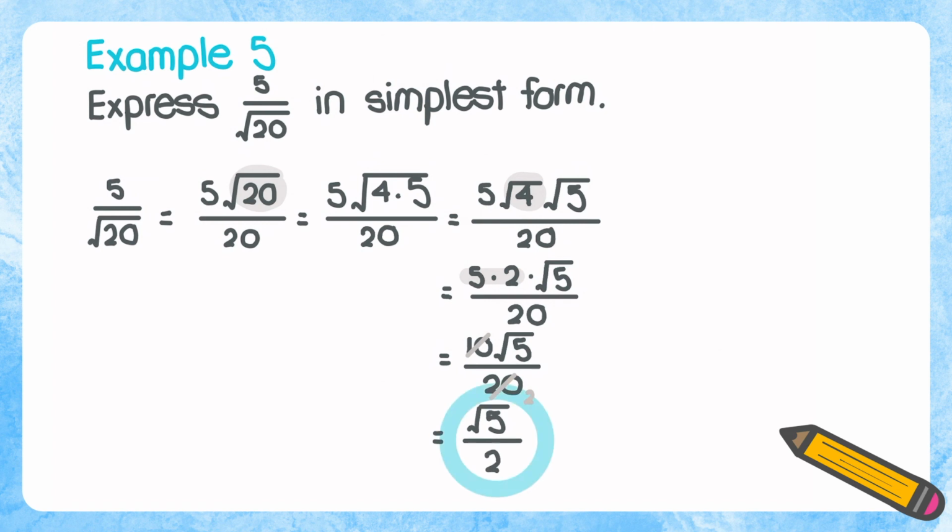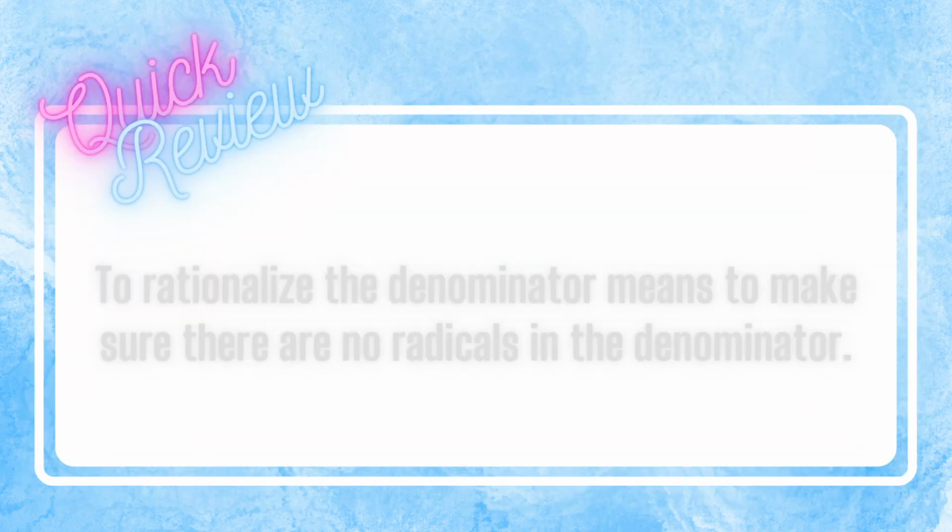I was able to rationalize the denominator and then simplify. So to rationalize the denominator means to make sure there are no radicals in the denominator. And feel free to use the shortcut when you're working on practice problems.